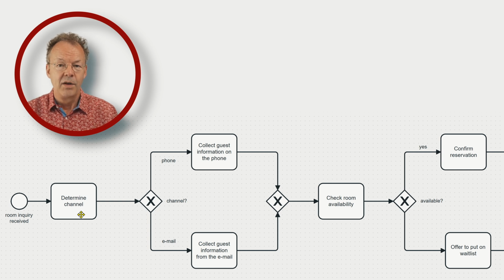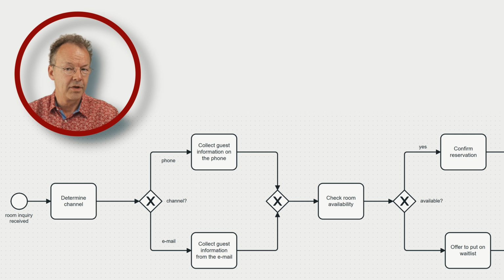Well, in practice, we may have two different events. One is the reception of a phone call, and the other one is the reception of an email. So the correct way of modeling this would be two distinct start events.